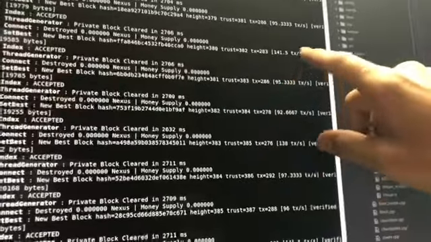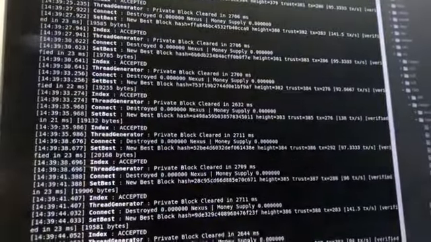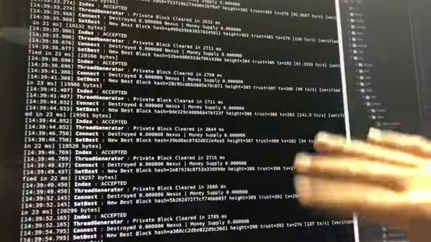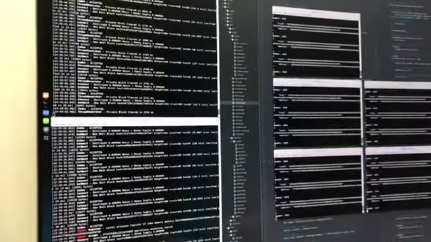We see we hit peaks of, let's say, 140 transactions per second right there. And it verified in about 21 milliseconds. It varies, but this is showing the actual processing time of the block versus transactions per second.